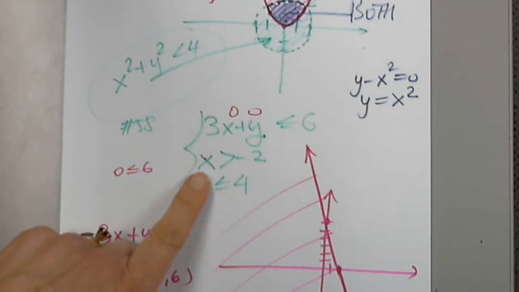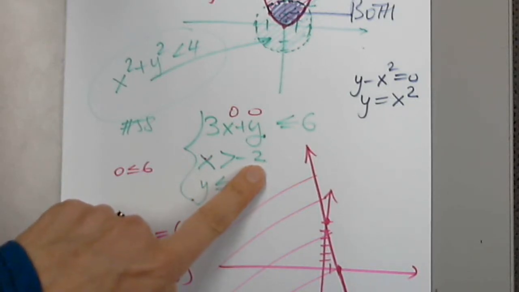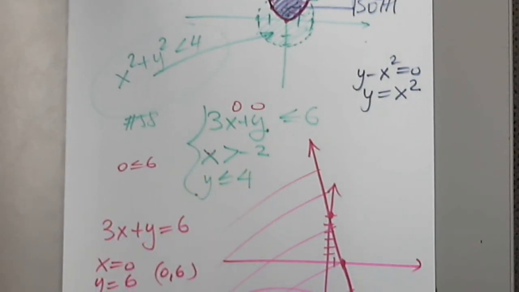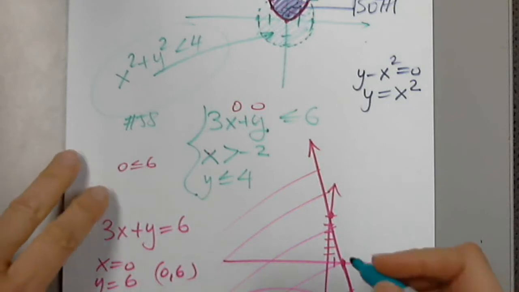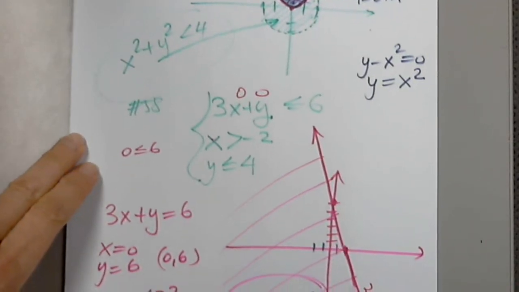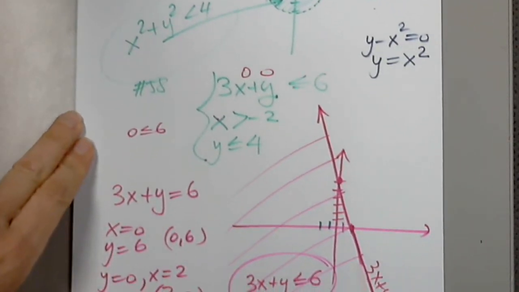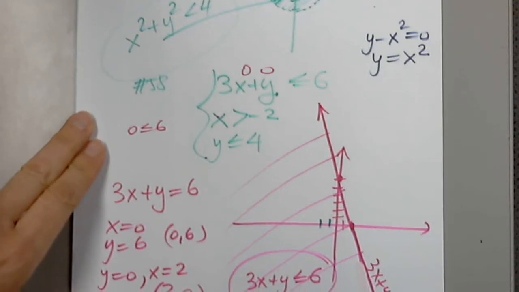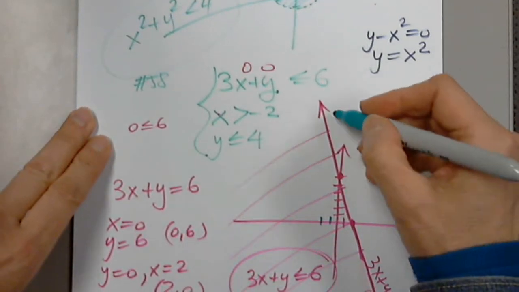Okay, x greater than -2. What type of line is x equals -2? I have to graph x equals -2. Vertical. Very good. At -2. But I need to identify whether it's a solid or not. It is not. Very good.